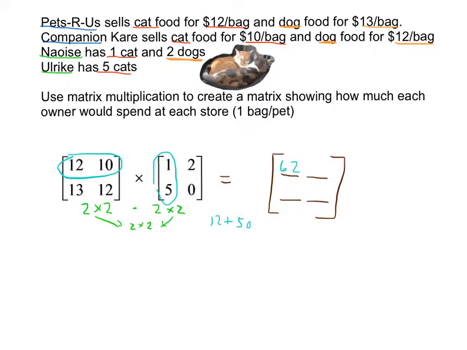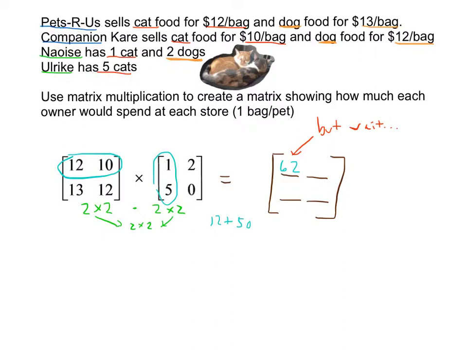And now let's stop and think about what this 62 counts. I'm taking the $12 cat food amount times Nisha's 1 cat, for $12 that Nisha's spending on cat food, and the $10 cat food amount at a different store, at Companion Care, for the 5 cats that Urika has, for a total of $62 that Nisha spends on her single cat at Pets R Us and Urika spends on her 5 cats at Companion Care.